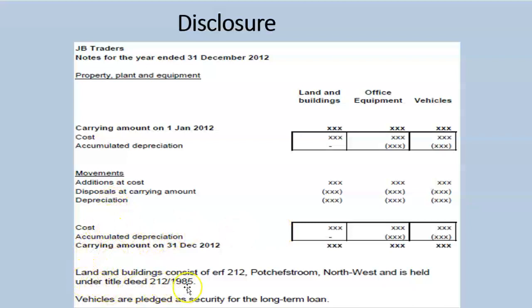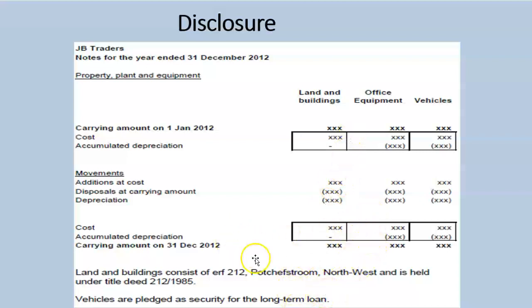Then we said that we also have to tell the reader exactly where this property is situated, and if any of these assets are pledged as security against a loan, the fact must be mentioned and there must be a cross-reference to the type of loan that it serves as security for.